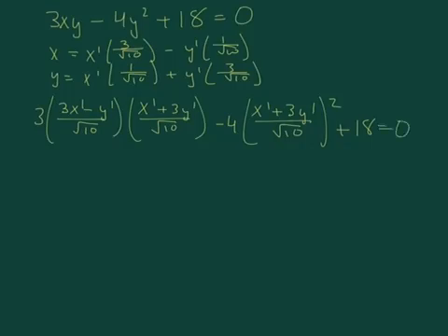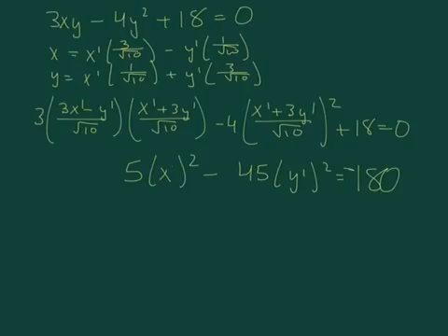From here, you just solve it, and I don't think I need to do all that, since it's going to take a while. You get it down to 5x prime squared minus 45 y prime squared equals 180.